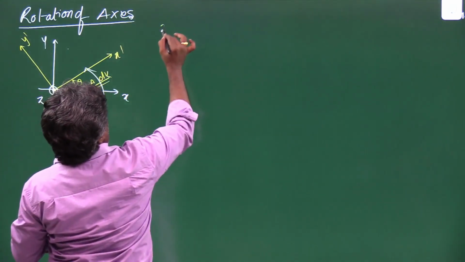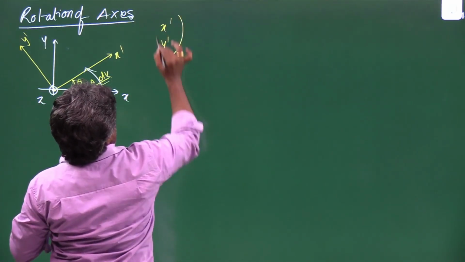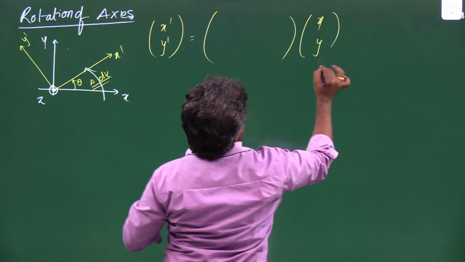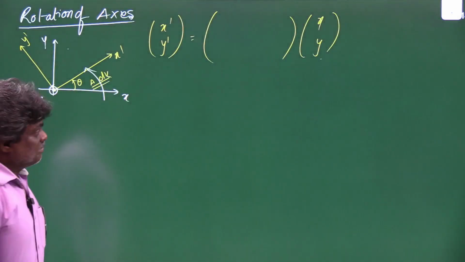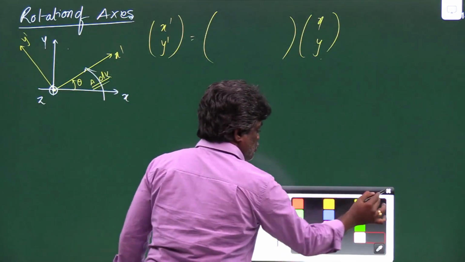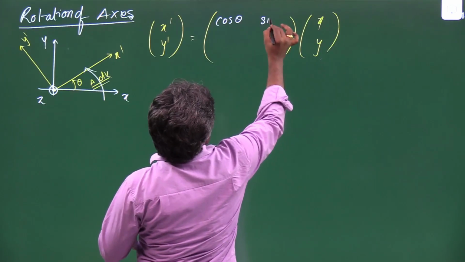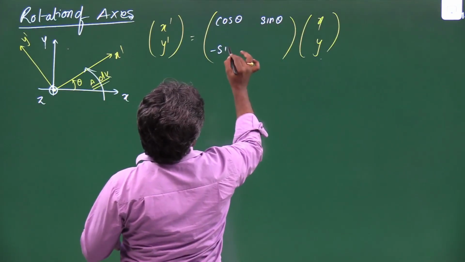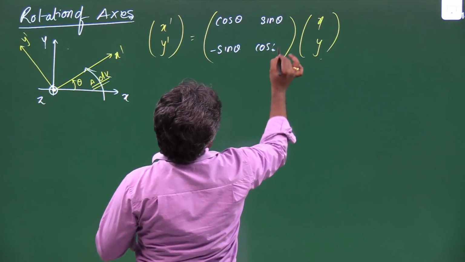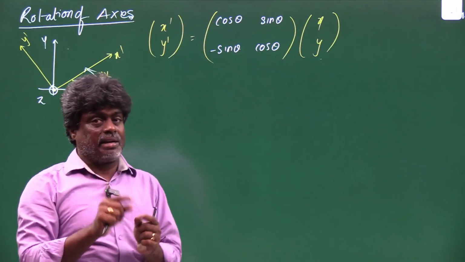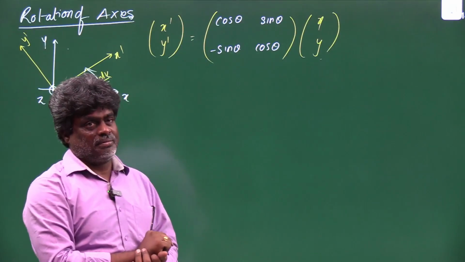Then in intermediate we studied in trigonometry like this. What is the transformation matrix for this? Okay, so which matrix will do this? Cos theta sin theta minus sin theta cos theta. That is a rotation operator or rotation matrix about z-axis. Okay, sir?